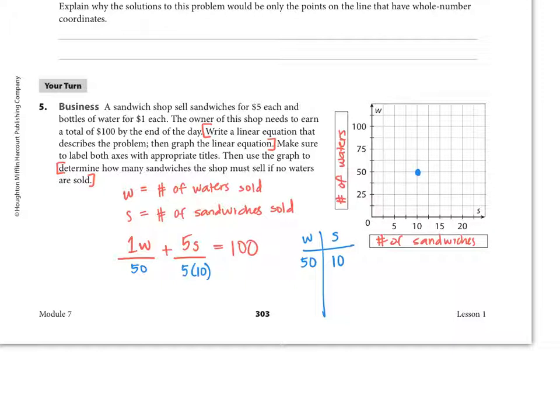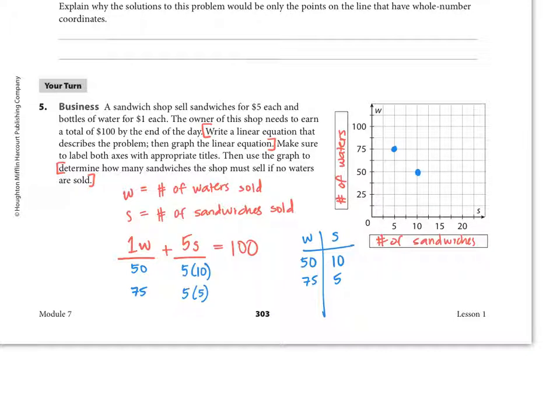So there's a point right there. And then if we did 5 sandwiches, 5 times 5 would be 25, and we would need $75 in waters, which is 75 waters. So 5 sandwiches, 75 waters would be this point here on the graph.